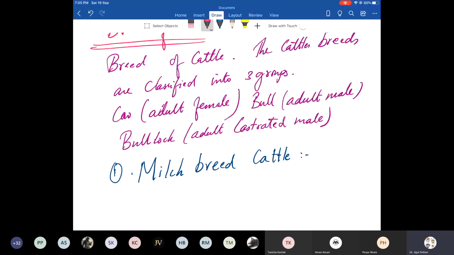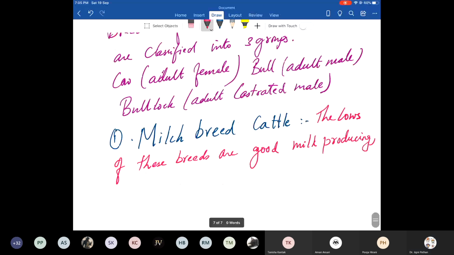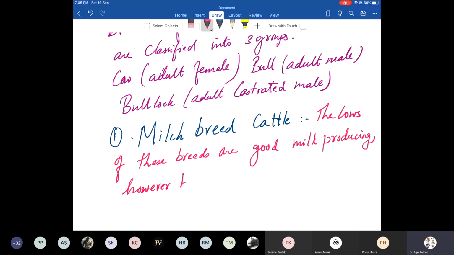The cows of these breeds, the milch breeds, are good milk producing breeds. However, bullocks are of poor quality.